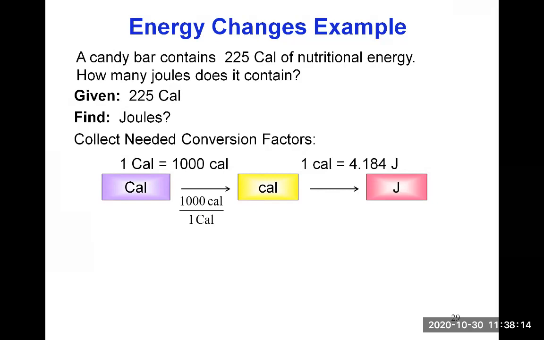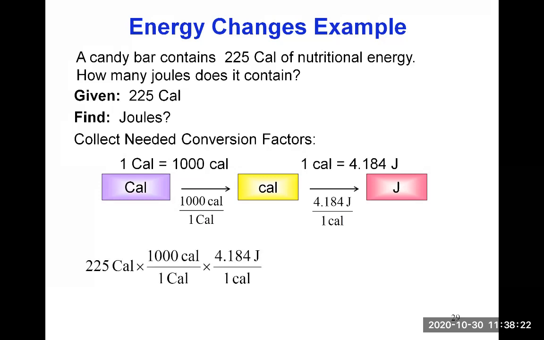So the 1 calorie will be on the bottom and then the 4.184 joules on top. So when we write these together, always start your calculations with the given amount. And here it's 225 capital C calories times 1,000 calories over 1 capital C calorie times 4.184 joules over 1 calorie. And we can see that the units of nutritional calories cancel, the units of small calories cancel, and we are left with joule, which is what we want.